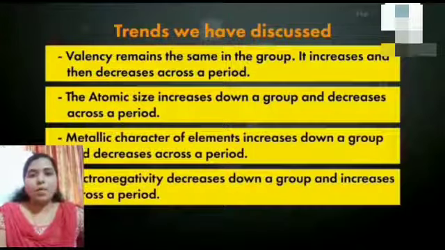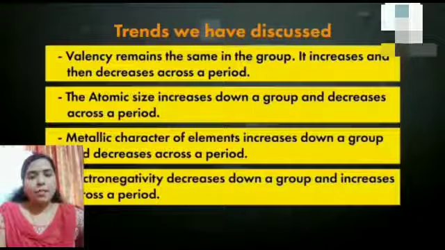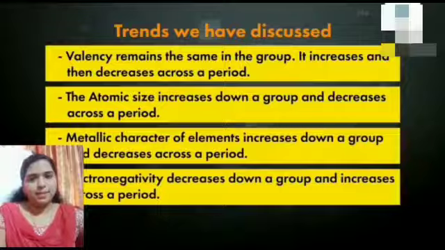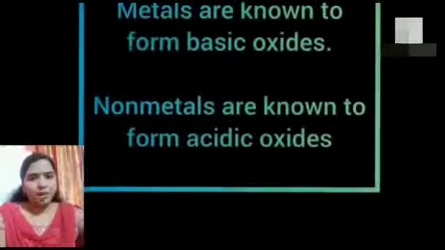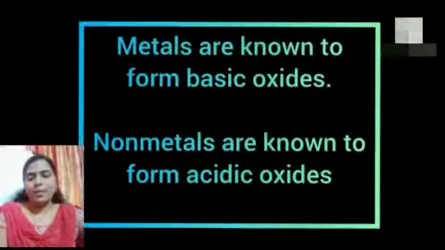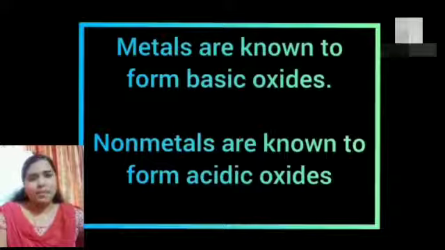Electronegativity decreases down a group and increases along a period. Children, one more property is there, that is nature of oxides. Generally, metals are known to form basic oxides, while non-metals are known to form acidic oxides. So children, these are the trends in the periodic table.